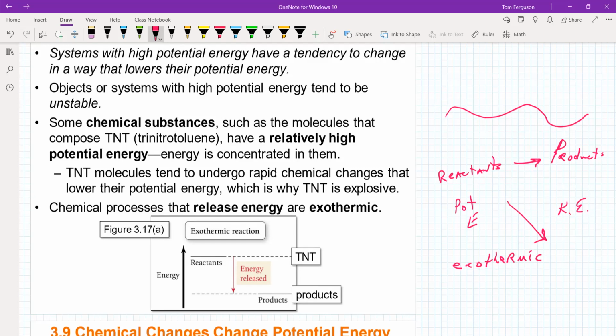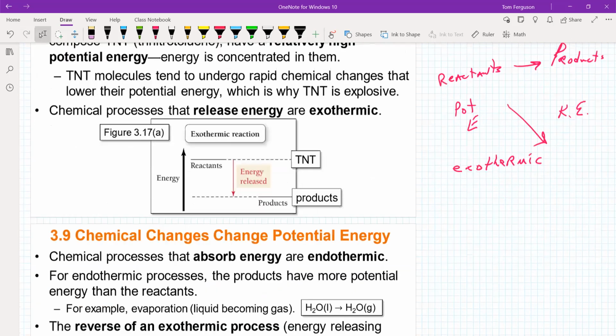So whenever a reaction gets hot, you know that that potential energy of the bonds has been converted into kinetic energy. Kinetic energy, the molecules are moving, it's perceived as heat. Notice this graph, it just says energy. It's potential energy.